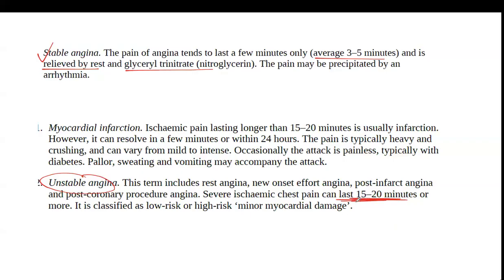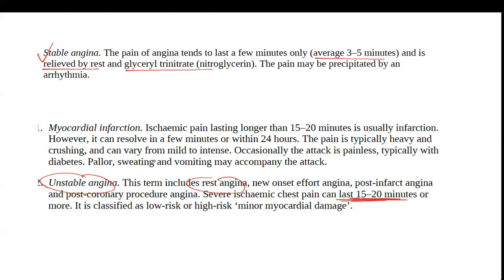So it will not get better with rest. Okay? And sometimes even at rest, the patient can have pain. So unstable angina is when a patient has similar chest pain, and the pain is not getting better with rest, is not getting better with nitroglycerin, and is lasting more than 15 minutes.